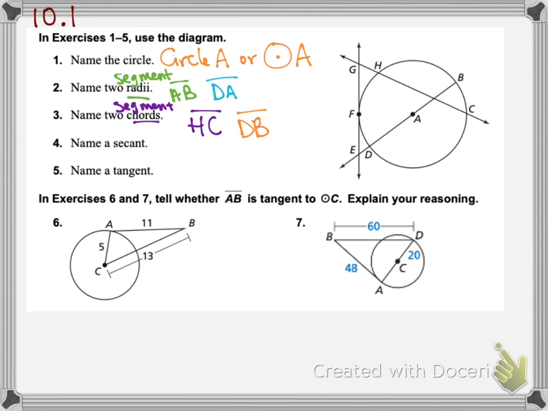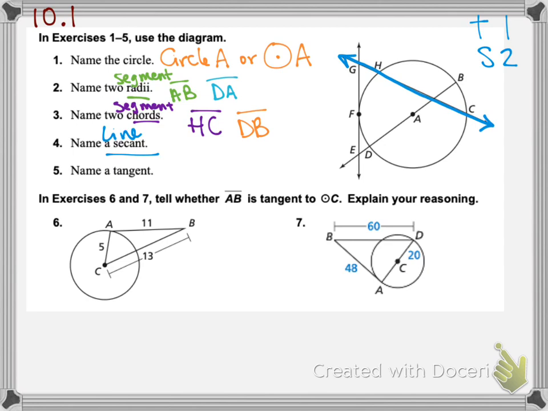Name a secant. A secant is a line that touches the circle twice. Remember that tangents touch once, secants touch twice. So we're looking for a line that touches the circle twice, which would be this one. It goes through the circle twice.